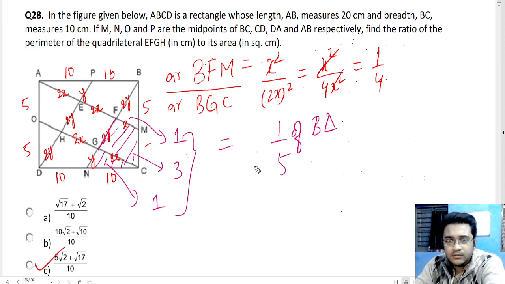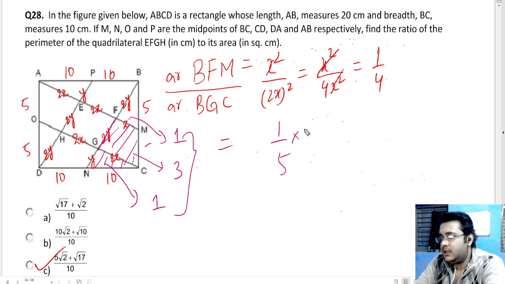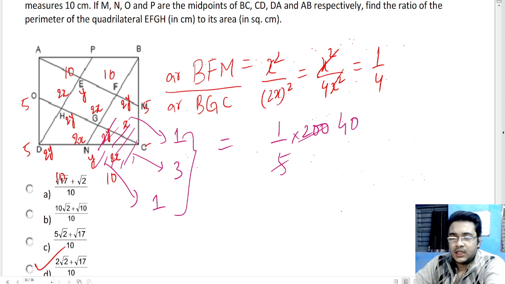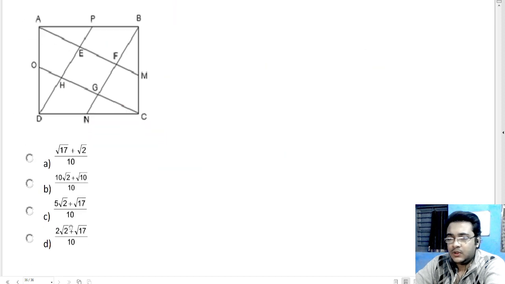Okay, I'm using short forms. So this small quadrilateral will also be 1/5 of the big quadrilateral. Or if you have to calculate the value exactly, that will be equal to 1/5 of 200, that is 20 times 10, 200. This basically comes to 40. If you remember, we had 2 root 2 plus something, and there was a 4 in the numerator. The 40 will come in the denominator, and you will get something like this.